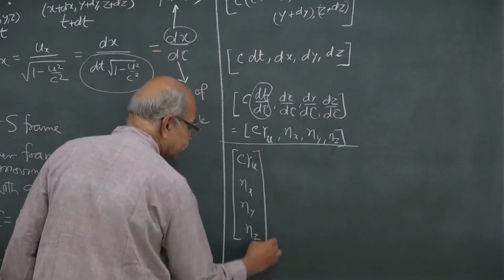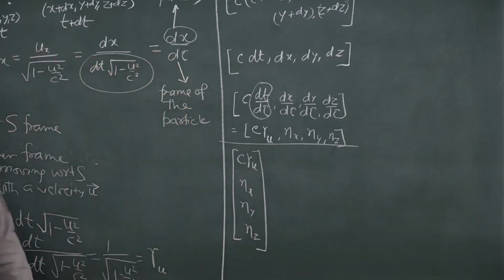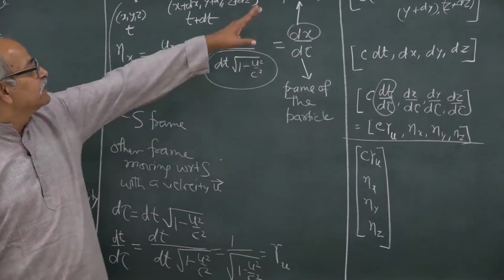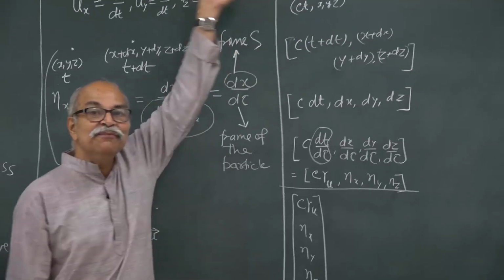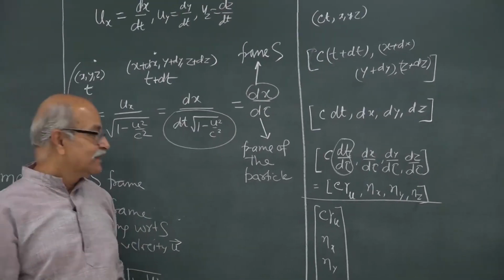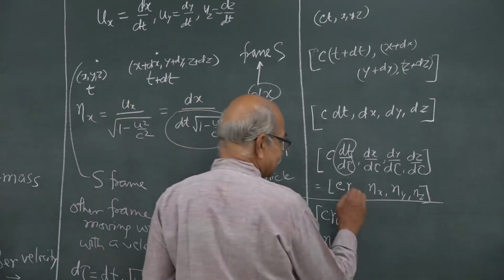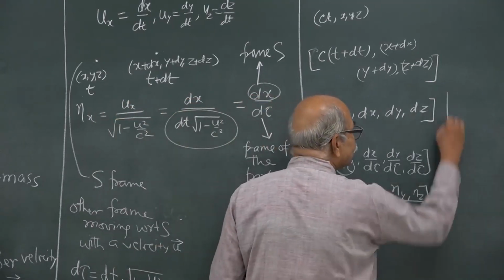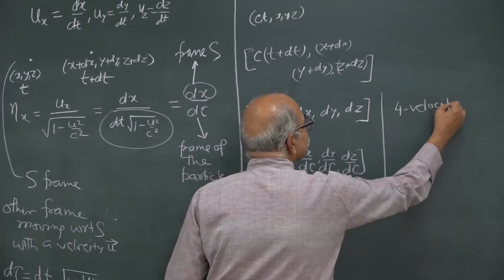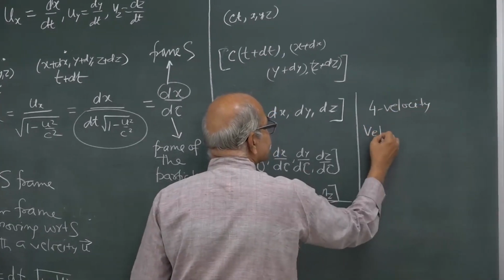This is a 4 vector, it will transform like c t, x, y, z, with the same Lorentz transformation, and this vector is known as the 4 velocity, or velocity 4 vector.